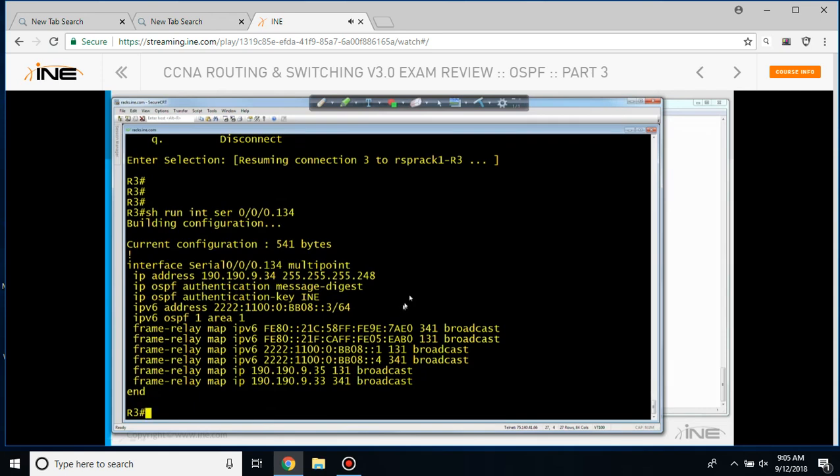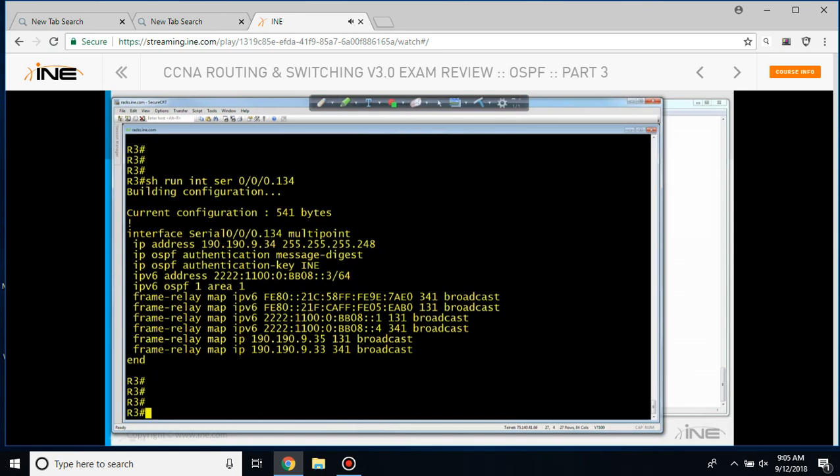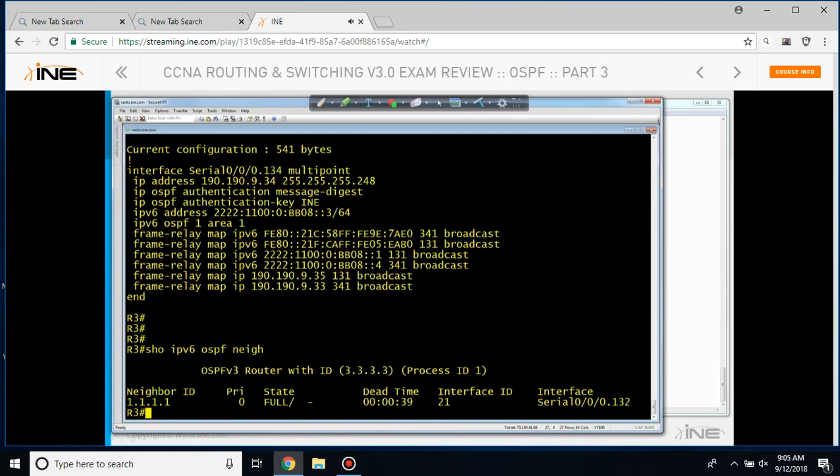Let's just verify the DLCIs, 341 and 131. Yep, this looks good. I've included OSPF in here. Okay, show IPv6 OSPF neighbor. Well, he's adjacent with router 1 across the point-to-point frame relay.